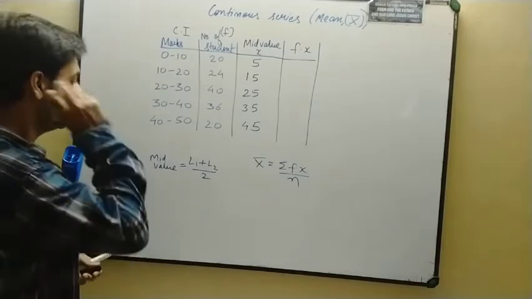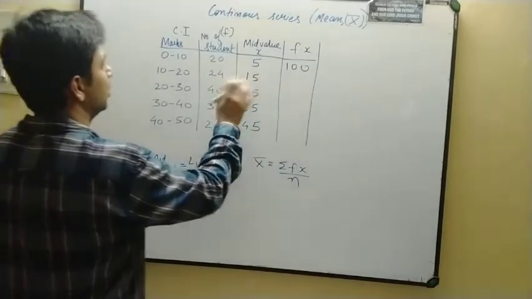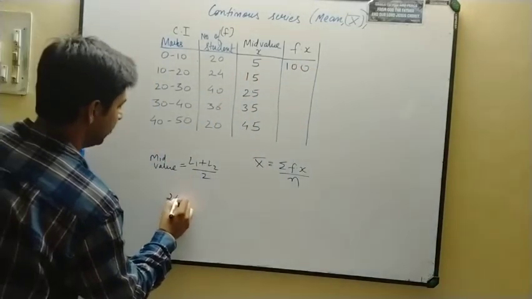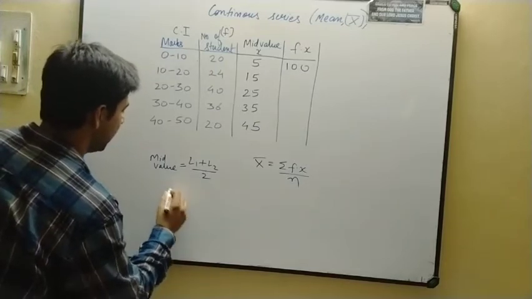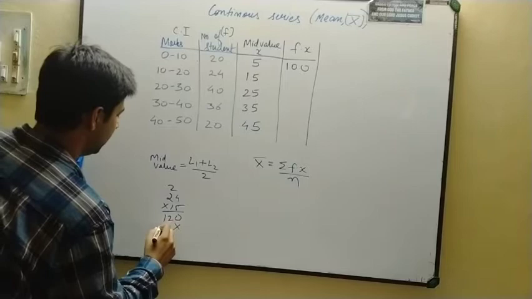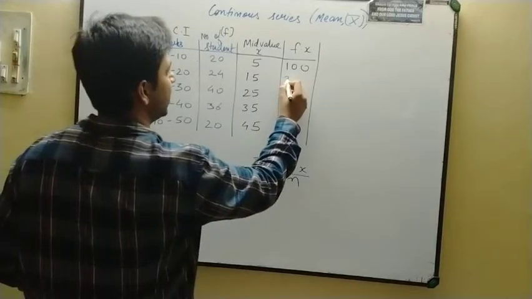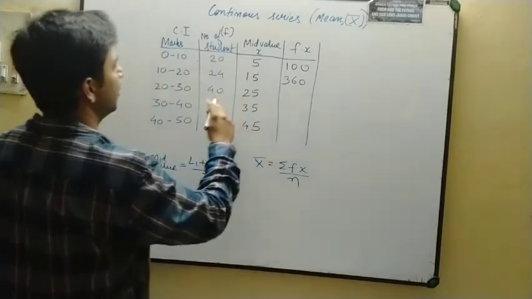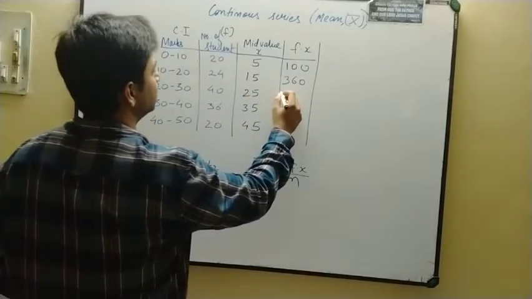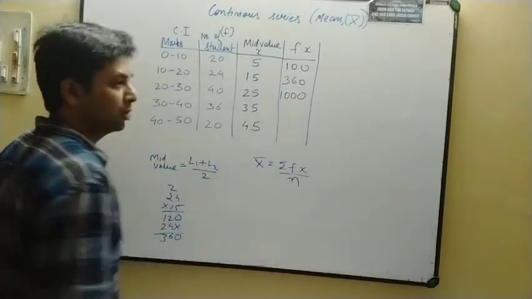So let us calculate. Here this will be 100. Now what will be this value? 24 into 15 will be 360, so we write 360 over here. Now 25 into 4 will be 100, and with the 0, 1000.